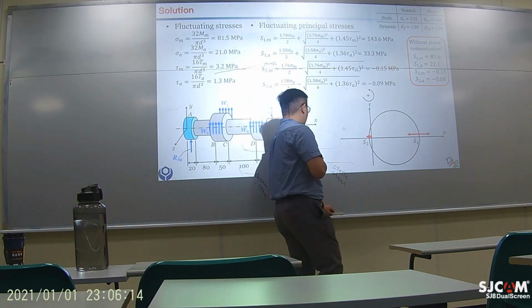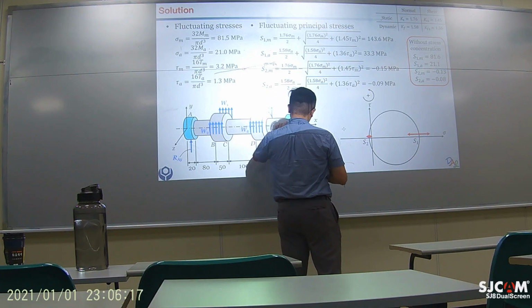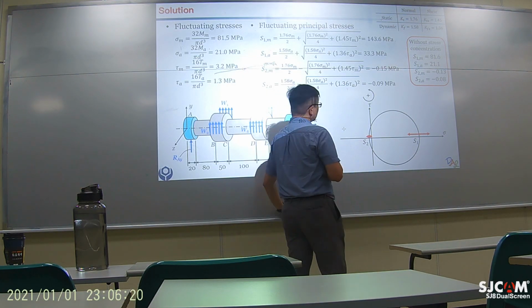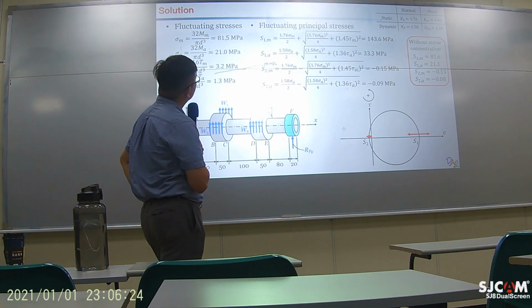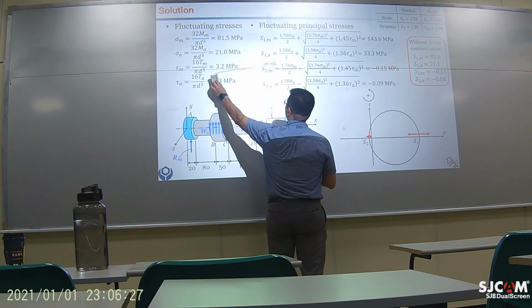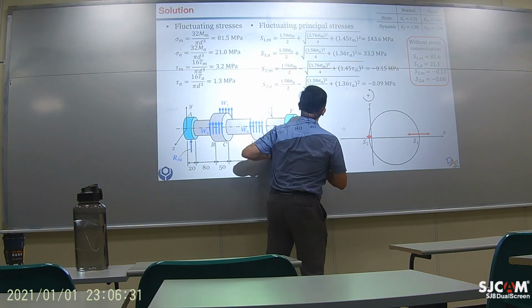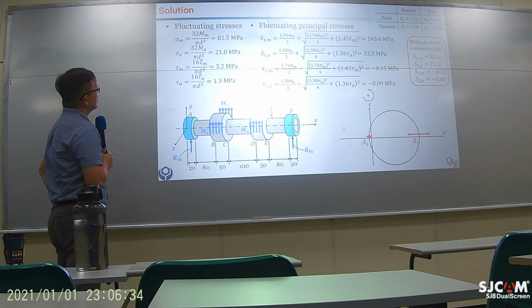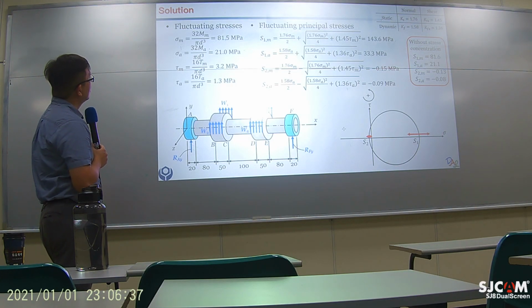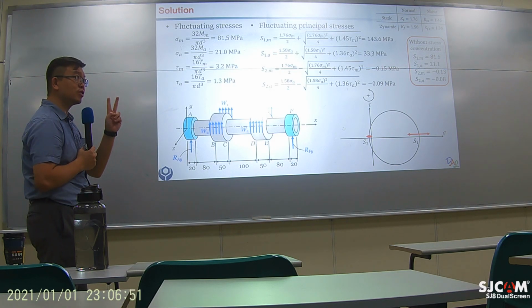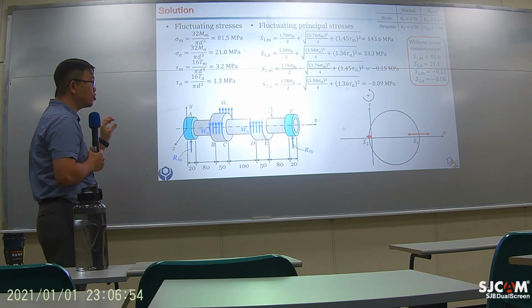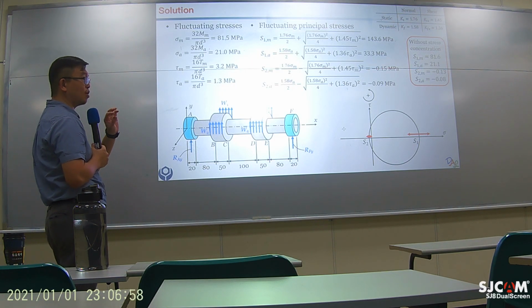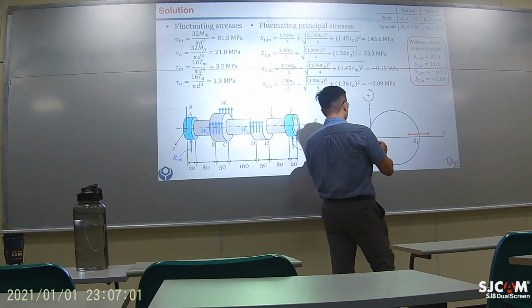So let's come here. If you use the Moore circle, there are two extreme conditions, and if you use the two extreme conditions to do Moore circle analysis separately, you should be able to get two different Moore circles.